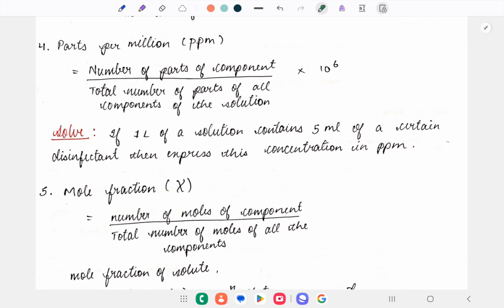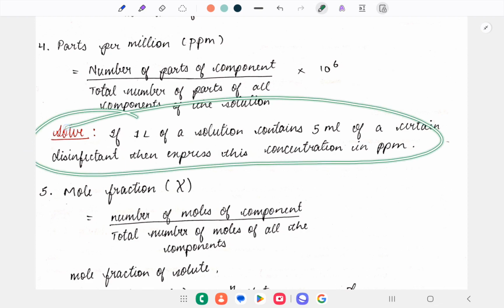So the concentration in parts per million can be expressed as mass to mass, volume to volume, or mass to volume. And this is used for the concentration of pollutants in water and the atmosphere, and of gases present in water. Here is a question for you.